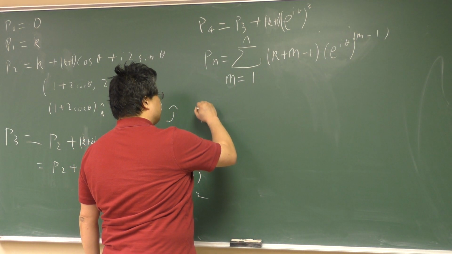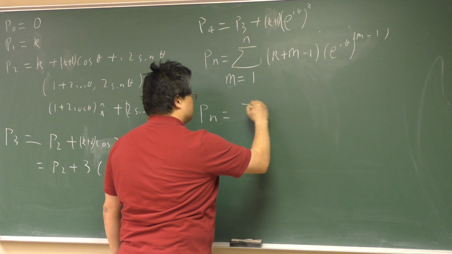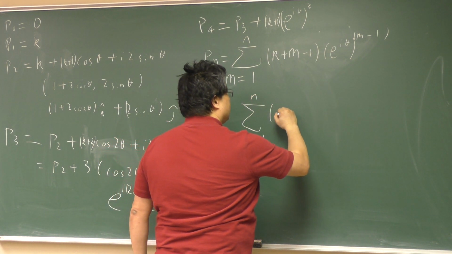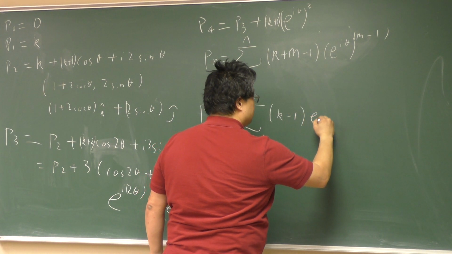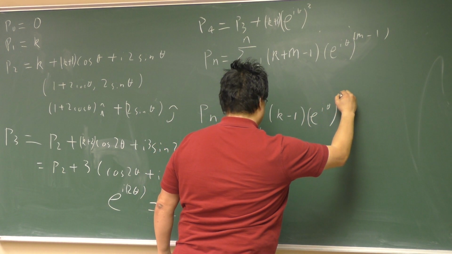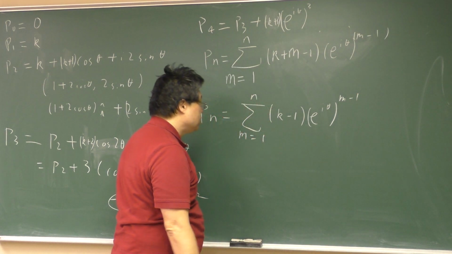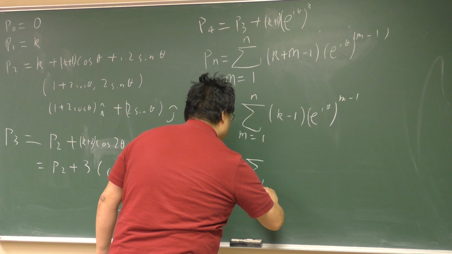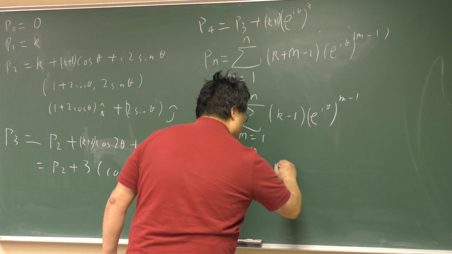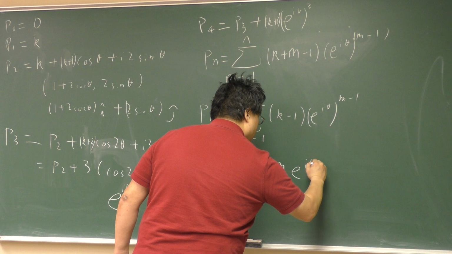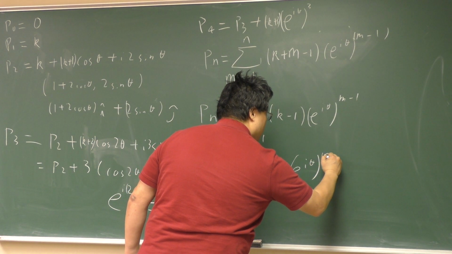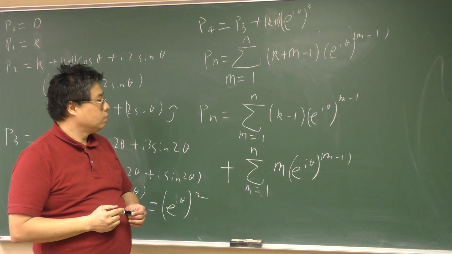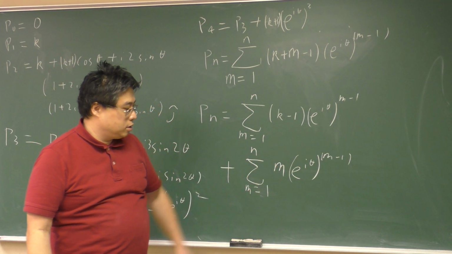So we can rewrite p of n as the summation of m equals 1 to n of k minus 1 times e to the i theta, m minus 1, plus a part that is more complicated.